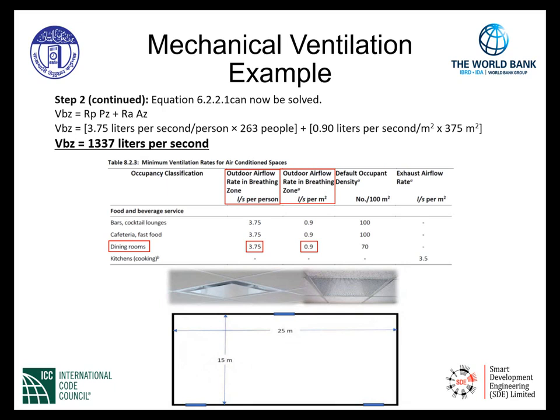We take the product of that portion of the equation and add it to the following portion of our equation, the area portion, 0.90 liters per second per square meter, times the area of our dining room, 375 square meters. Therefore, V sub BZ equals 1,337 liters per second.